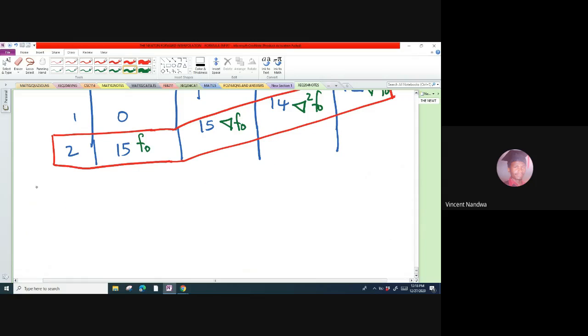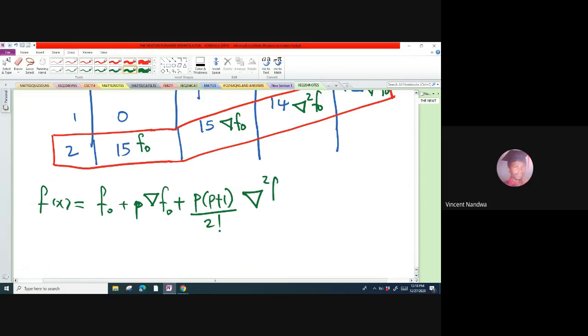Don't forget that. So we write f of x is given by f naught plus p backward f naught plus p into p plus 1 over 2 factorial second backward of f naught plus p into p plus 1 into p plus 2 over 3 factorial third backward f naught.